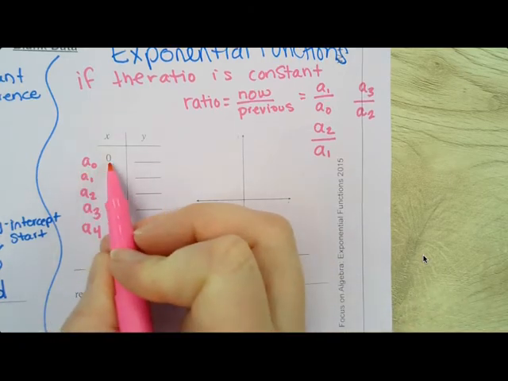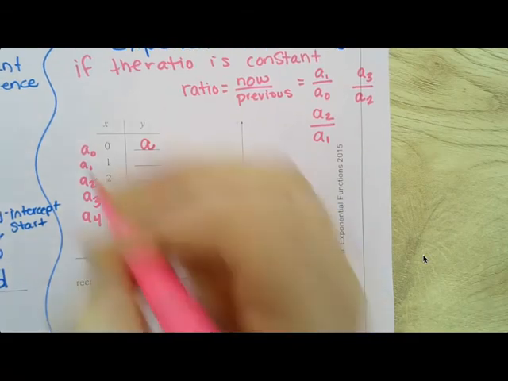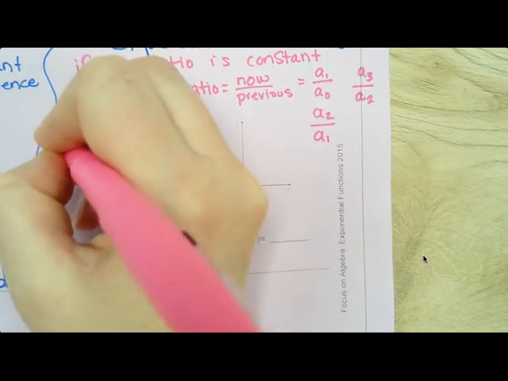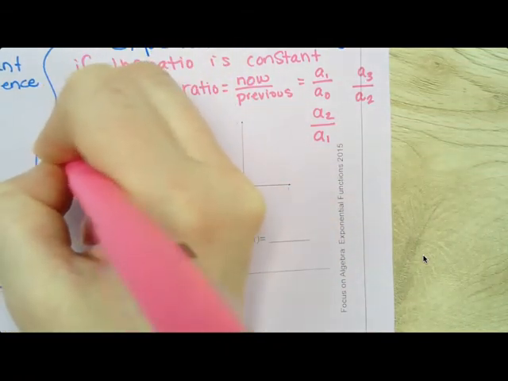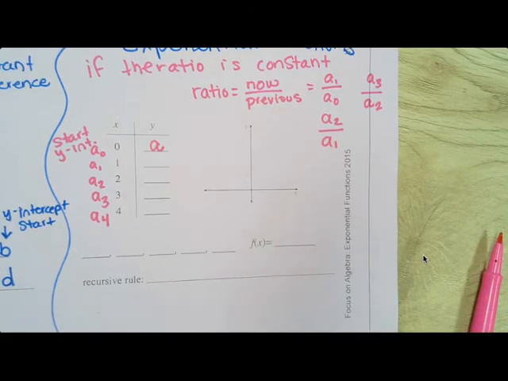So A sub 0 is A. It's your start, so you can write that here too: start or y-intercept. Then the next is A times our ratio.